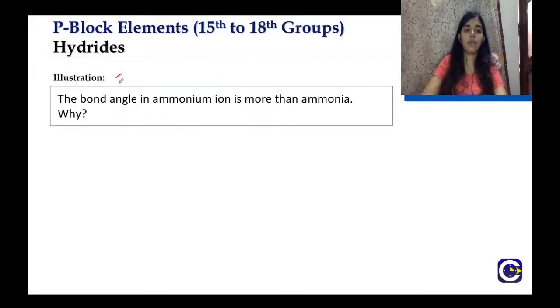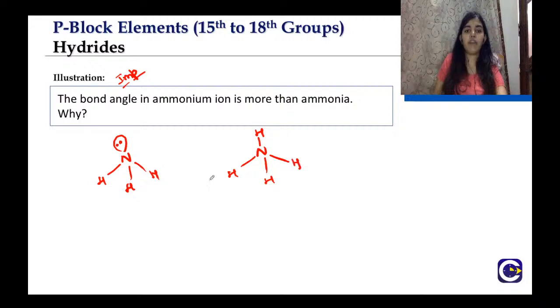Now this is very important. The bond angle in ammonium ion is more than that of ammonia. Answer this particular question. This is ammonia and this is ammonium ion. Both are having what? Tetrahedral geometry. Then why is the angle of ammonium more than that of ammonia? Why is the bond angle in ammonium more than that of ammonia?